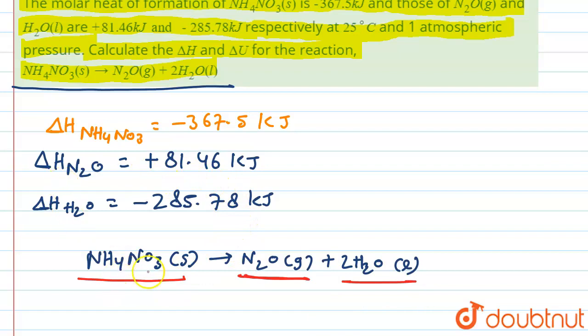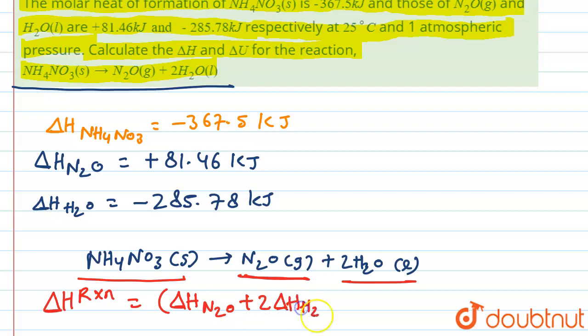So first we will find the delta H of the reaction, the overall reaction. So we can write here that it is equals to delta H of N2O plus 2 times delta H of H2O minus delta H of NH4NO3.